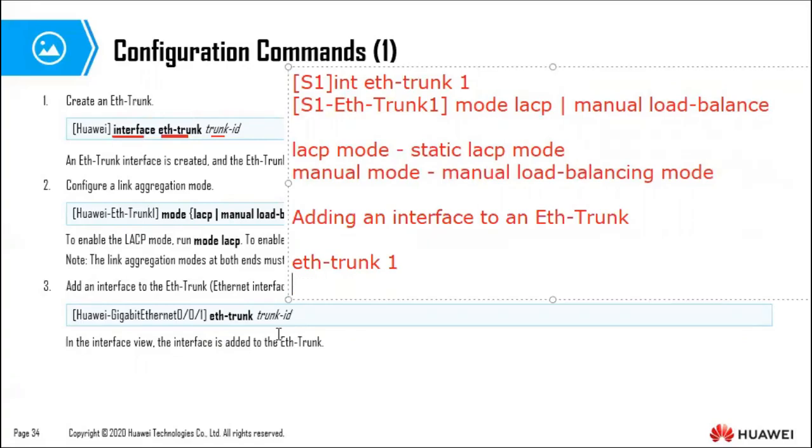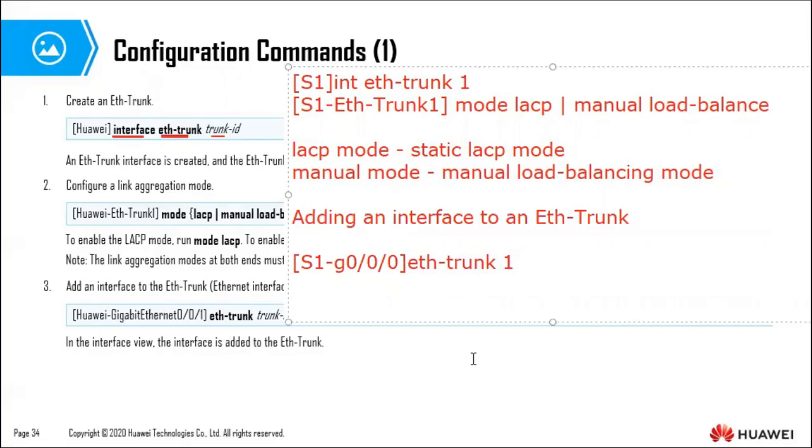If you do that, then that particular interface will be added to the Ethernet trunk. So for example, you are on S1 and you are on G0/0/0. So that's how you add an interface to an Ethernet trunk.